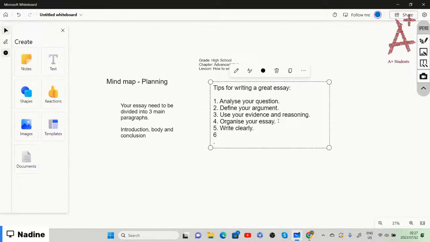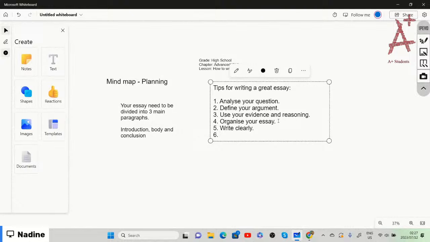And once you have written everything down clearly, you have analyzed your question, which links with your topic, you have defined your argument, and used your evidence as well as reasoning within your essay. And remember, we say that the evidence is not just you writing your own opinion on what you think it is about.